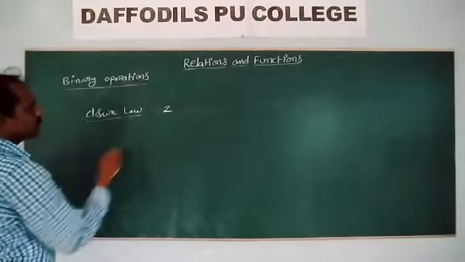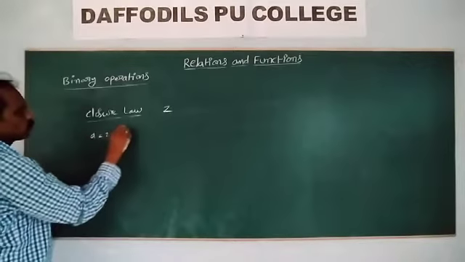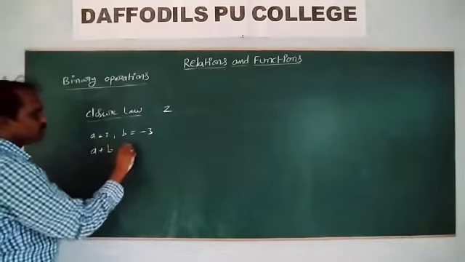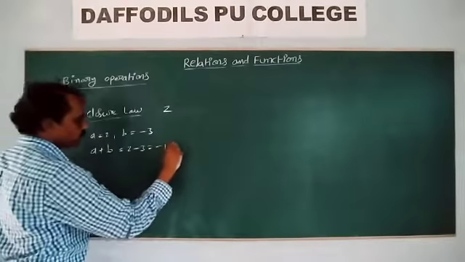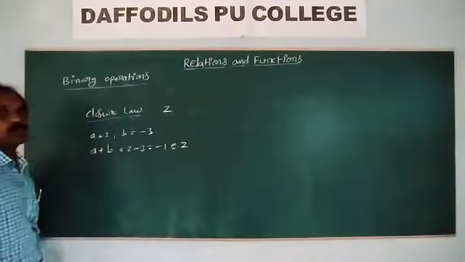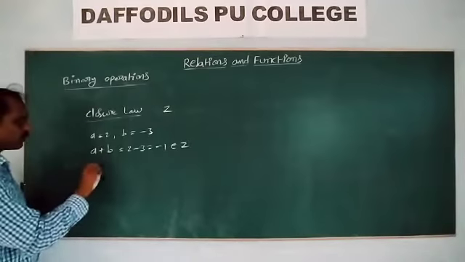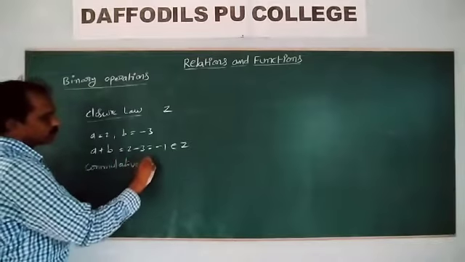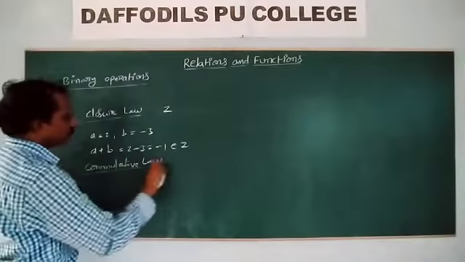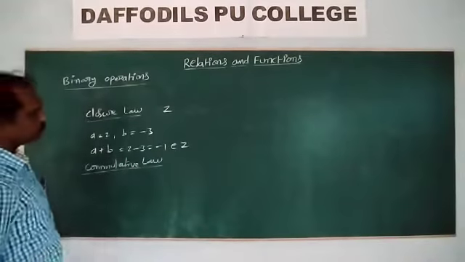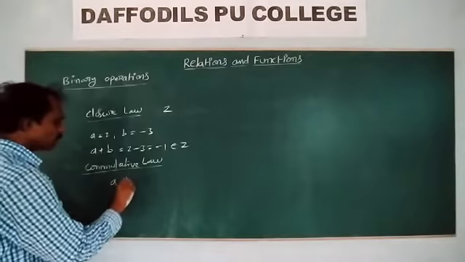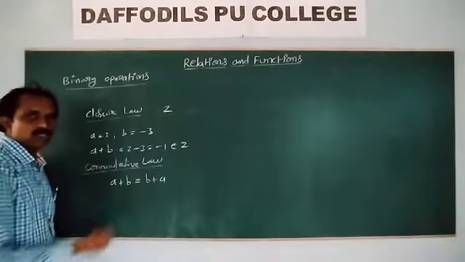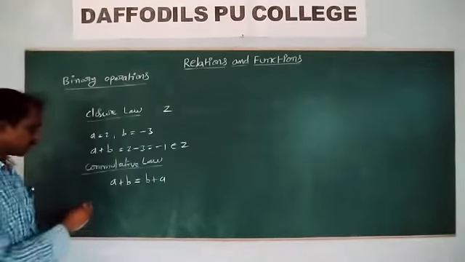Suppose we take A equal to 2 and B equal to minus 3, in Z. A plus B on addition, 2 minus 3 is equal to minus 1, which also belongs to Z, so closure property is satisfied. Commutative law, already everybody studied this in earlier classes. A plus B is equal to B plus A. That's satisfied, B plus A is the same value. That means commutative is satisfied.